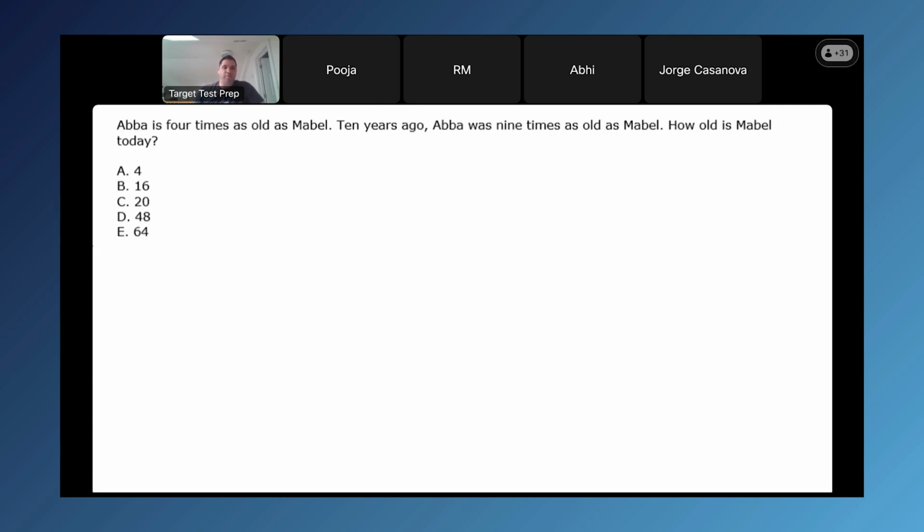So, remember, A would be Abba's age today, so we'll just say Abba today. M is Mabel today. Equation 1, A is equal to, so Abba is obviously the older one, right?